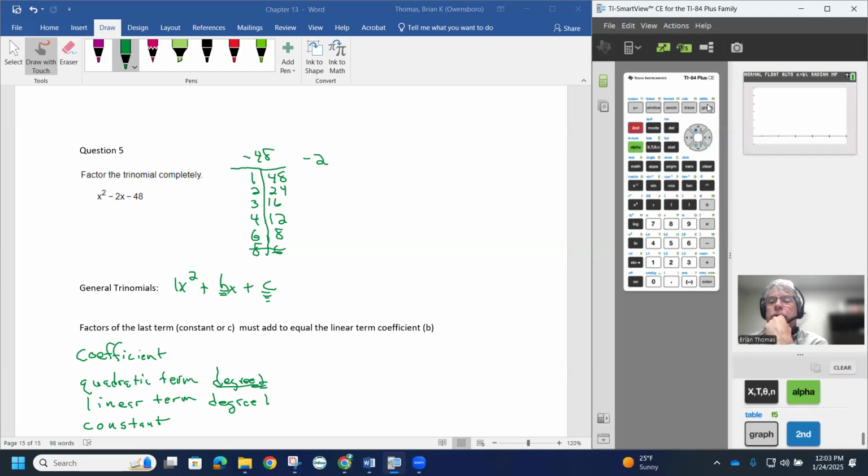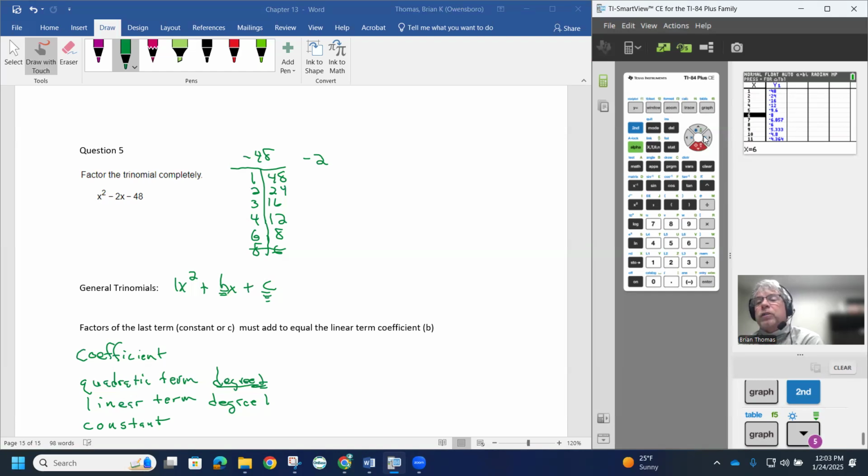So I'll see 1 times -48, 2 times -24, 3 times -16, 4 times -12, 6 times -8. Now, what's interesting though is you scroll the other direction. Notice how it gives you -1 times 48, -2 times 24, -3 times 16, -4 times 12, -6 times 8. So notice how we have those positive and negative factor pairs if we want.